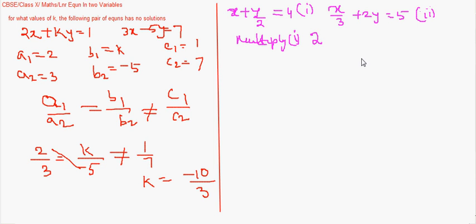If I multiply it by 2, I will be eliminating y, and keep equation 2 as it is. By doing so, I get 2x plus y equals 8 when I multiply the first by 2, and the next one will remain.